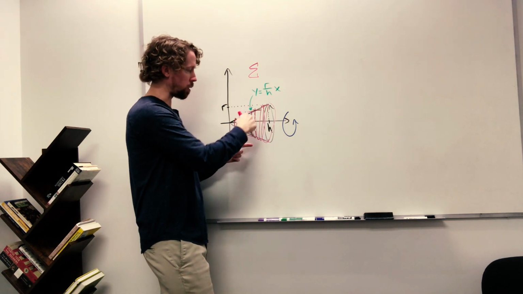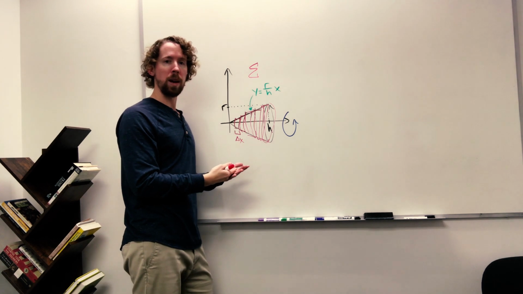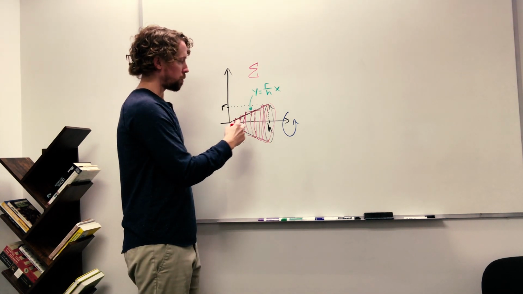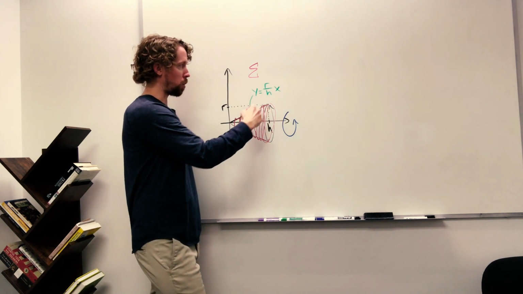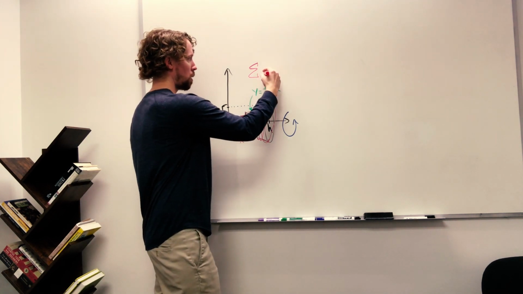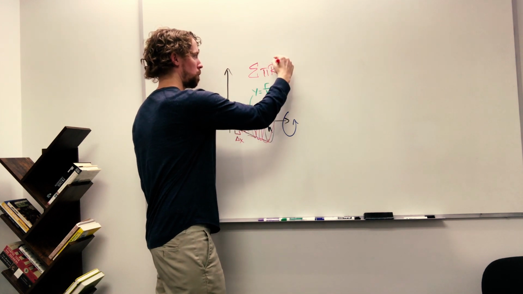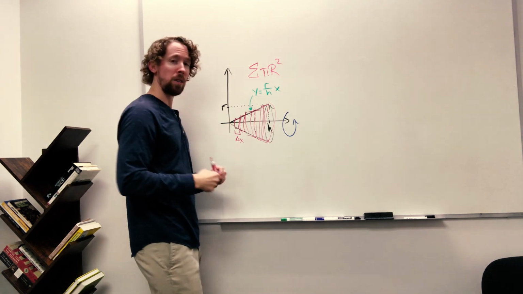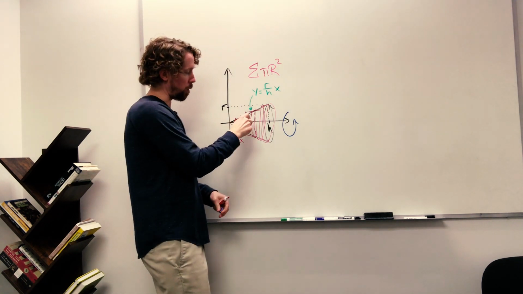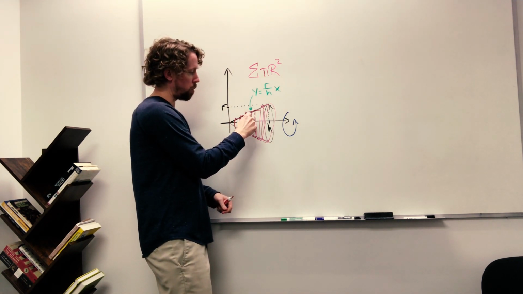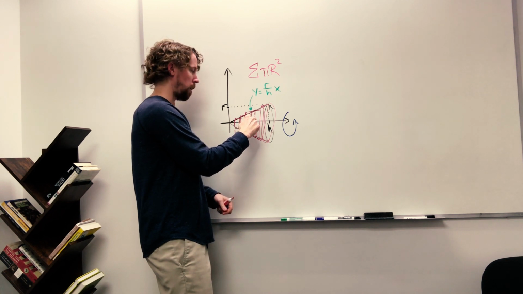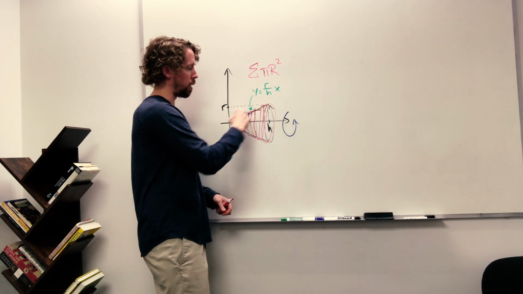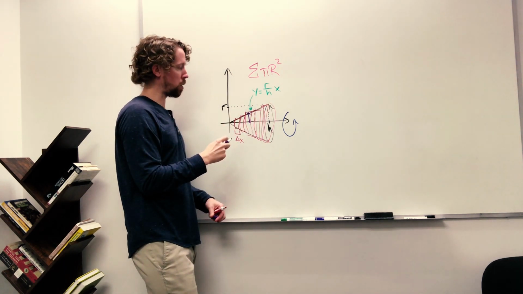So the volume of this little cylinder is the area of the base times the width or the height of the cylinder. So the area of this base is just going to be pi r squared, where the radius r of an individual disk is found by grabbing an x value somewhere in that disk and looking at what the y value is along this line for that specific x value.